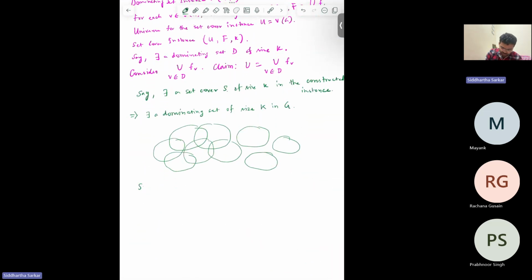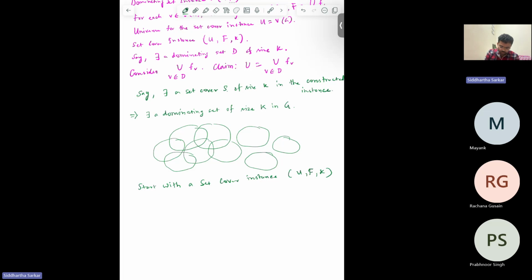So you start with a set cover instance. So what is a set cover instance? So U, F, k. Okay, so F means curly F. So U is the universe, F is the family, and k is the maximum allowed size of the set cover.